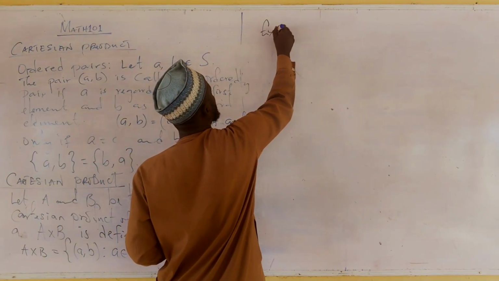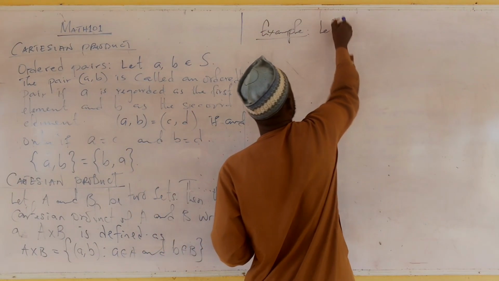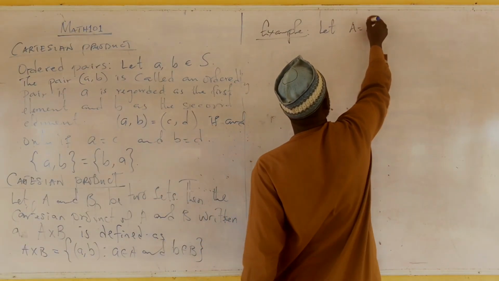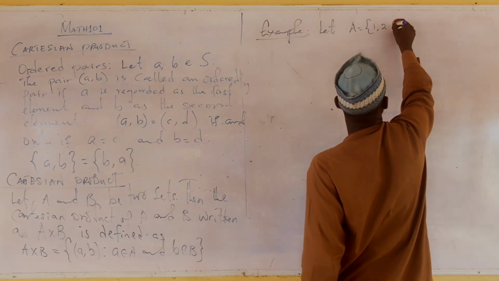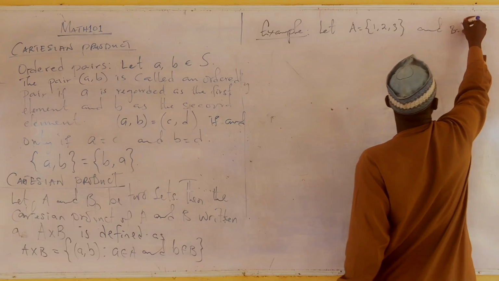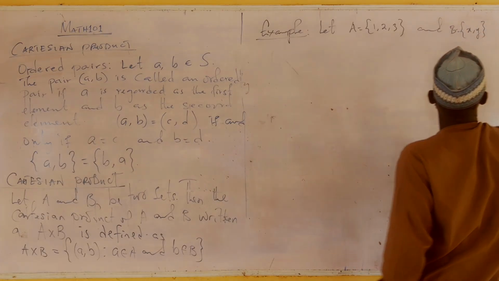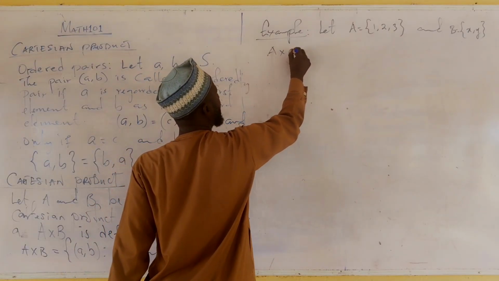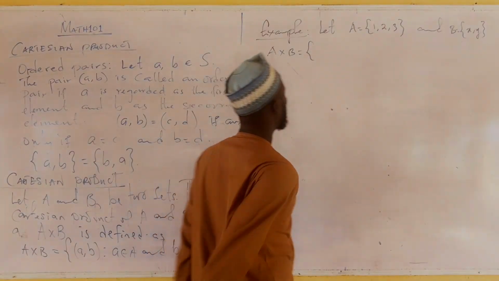So we can now write an example. Let A be equal to 1, 2, 3, and B be equal to x, y. The Cartesian product A cross B is a set containing all the ordered pairs.